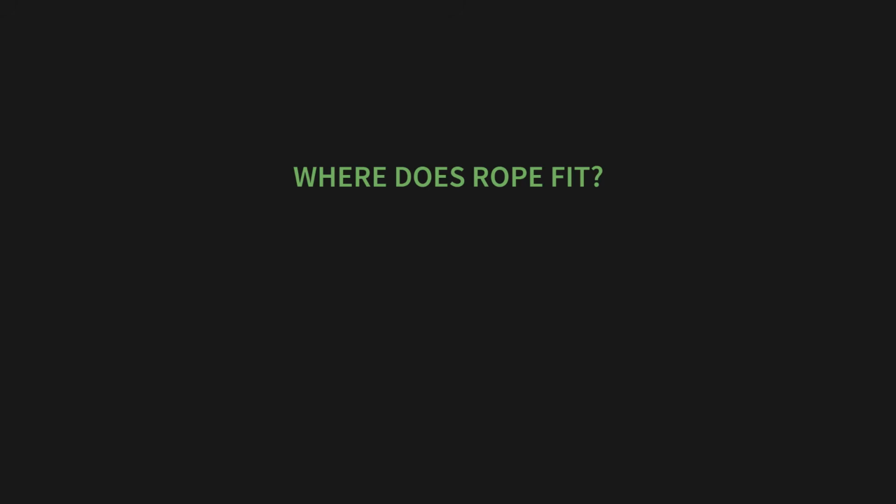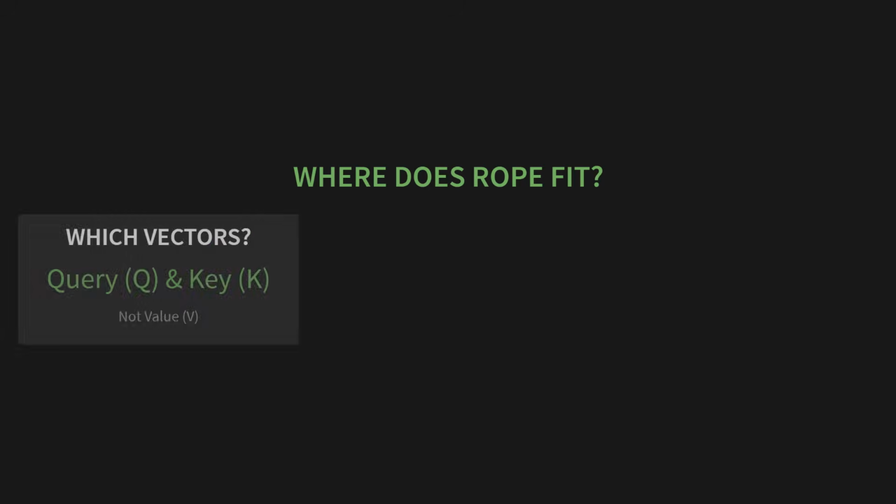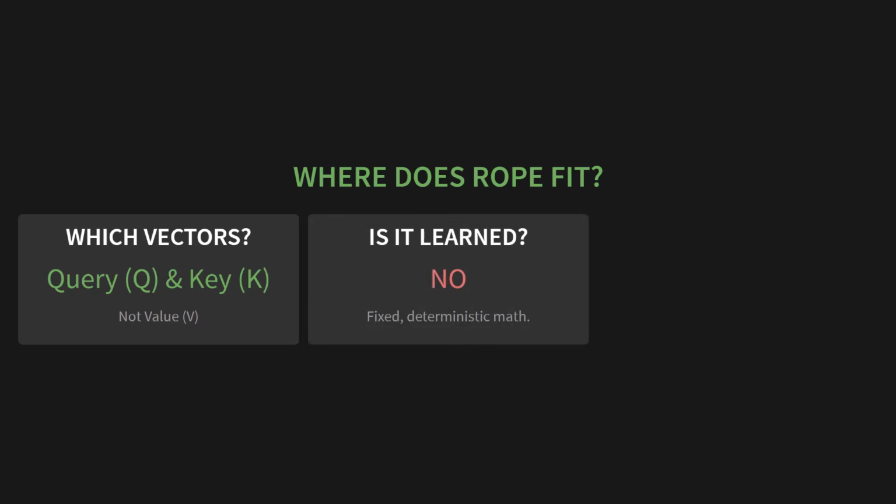Before we dive into the solution, let's get a few key questions out of the way. First question, which vectors get RoPE applied to them? The answer is only the query, or q, and key, or k, vectors. We do not apply it to the value vector. Second question, is RoPE learned? No. This is a big one.